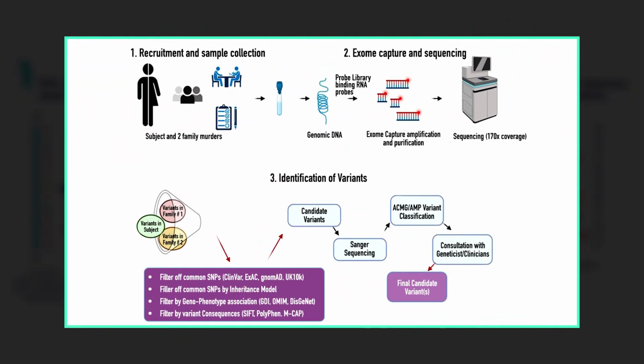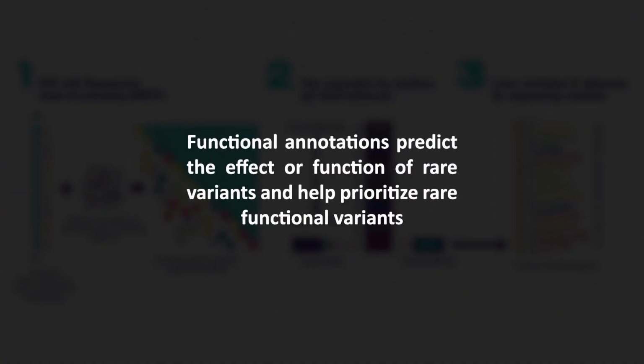Unlike common variant analysis, the analysis of rare variants in whole exome sequencing studies evaluates variant sets rather than single variants. So, functional annotations predict the effect or function of rare variants and help prioritize rare functional variants.